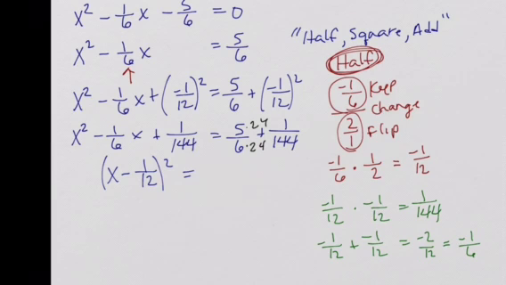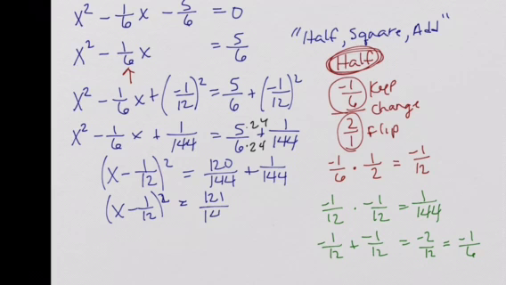That gives us 5 times 24 in the numerator, and 6 times 24 in the denominator. The left-hand side we'll leave alone. The right-hand side is 121 over 144.